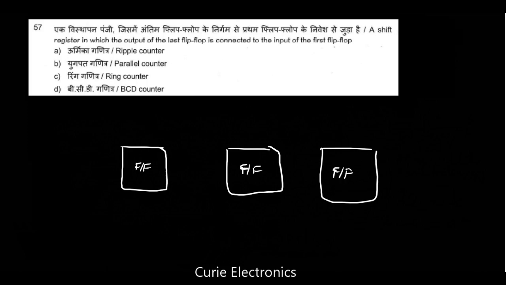Let them all be D flip-flops. D is the input, and this output will come to the D of the next one, and again this output will come to the D of the next. Each has Q, and the complement Q bar is also always there.